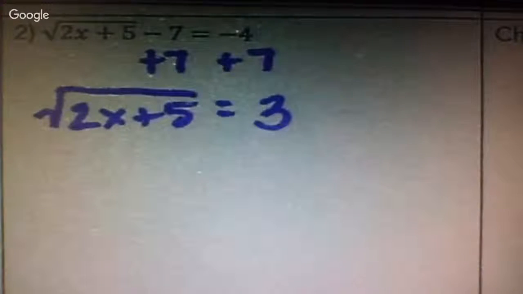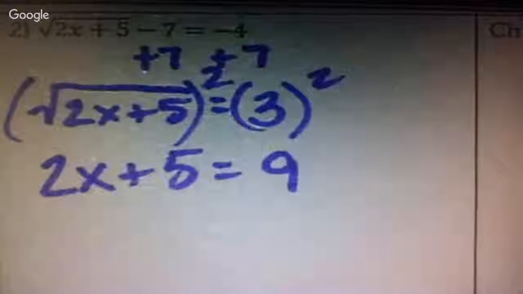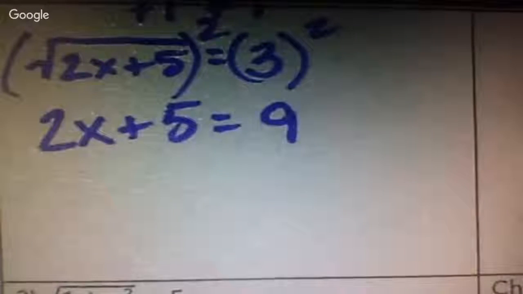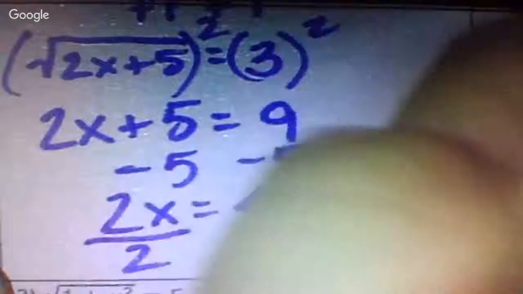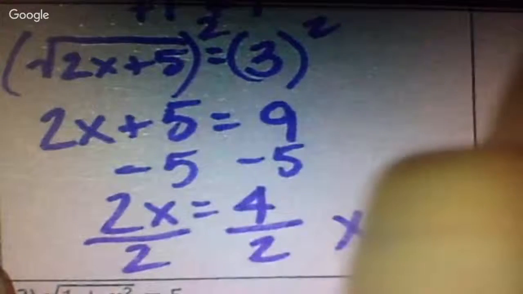So now, Emma says, my radical's isolated. Let's square both sides. So that leaves me with 2x plus 5 is 9. Okay. Subtract 5. Good, Teron. 2x equals 4. Divide by 2. So x should equal 2.